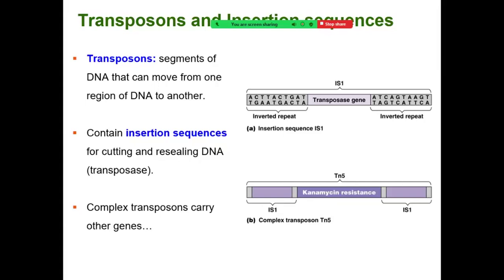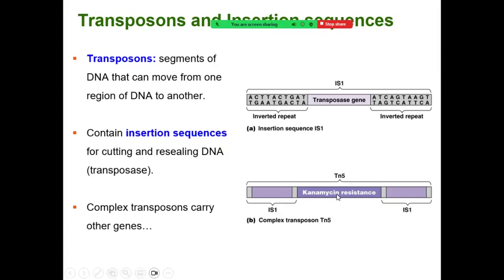All right, we can have complex transposons, which have DNA in the transposon, such as transposon number 5, which carries the kanamycin resistance gene. When we have a complex transposon, we have the DNA of interest being carried by the transposon, which in this case is kanamycin resistance.